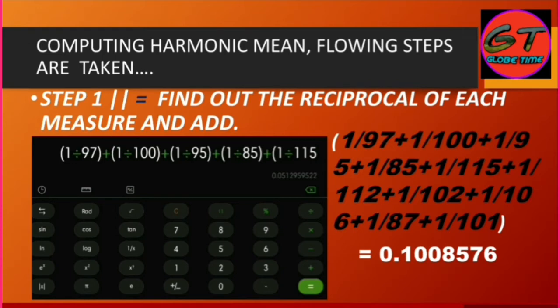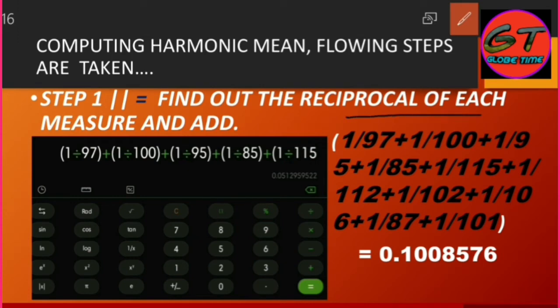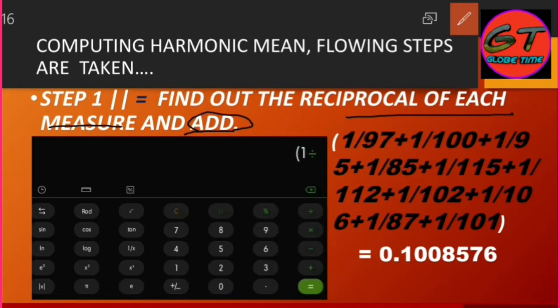In the first step, we find the reciprocal value of each measure and add them. First, find the reciprocal value of each measure, and I use a calculator for this purpose.